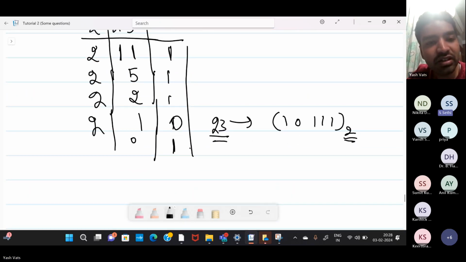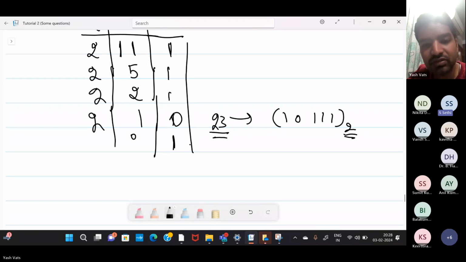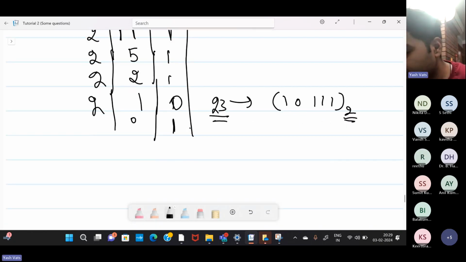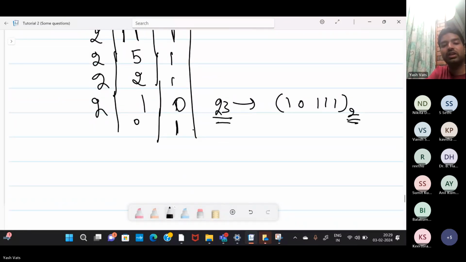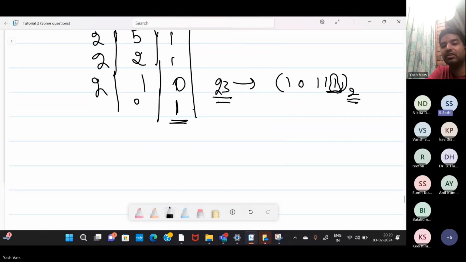Sir, the unit digit is multiplied by 2 to the power 0, the next digit by 2 to the power 1, like that. Okay, so let's start multiplying this way. So this digit we multiply by 2 to the power 0.